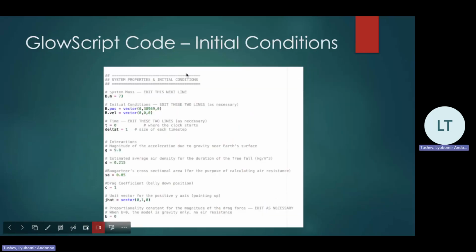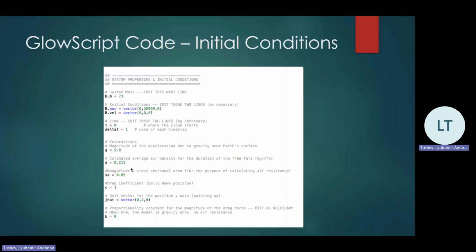The GlowScript code used to create the model. Here are the initial conditions of the model, where the mass of the object matches Baumgartner's mass of 73 kilograms. The initial position is approximately 39,000 meters above the ground. The gravitational acceleration is 9.8 meters per second squared.